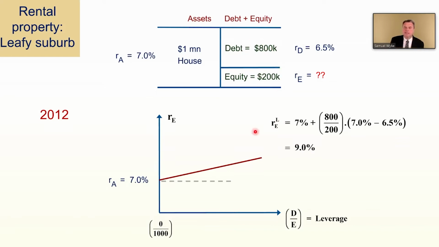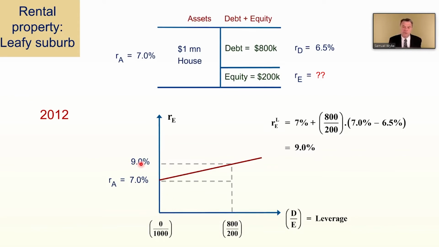It's going to make the balance sheet balanced. So we're going to this point on our diagram, 800K of debt and 200K of equity, and that's going to give us an expected return of 9%.